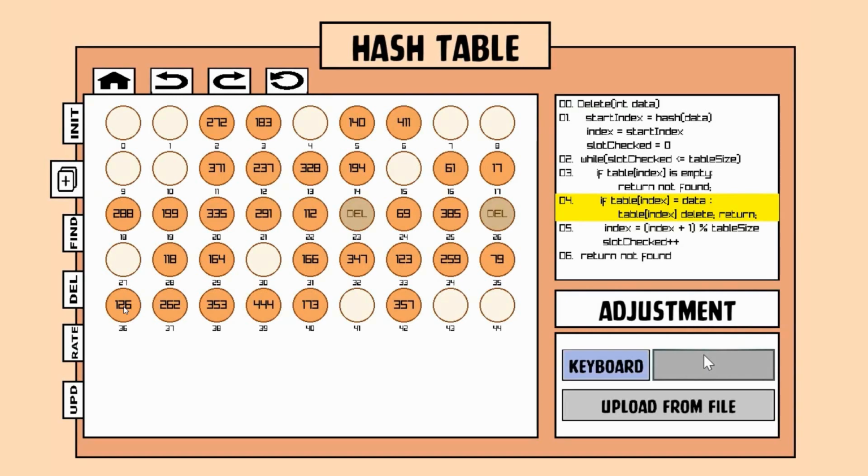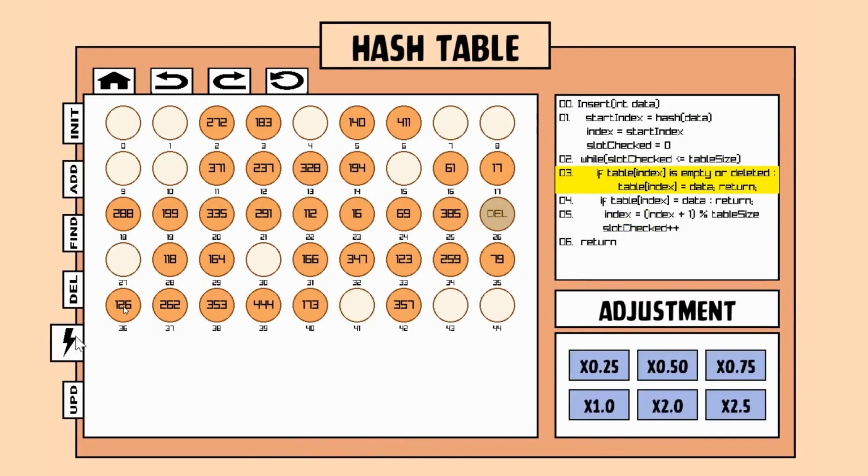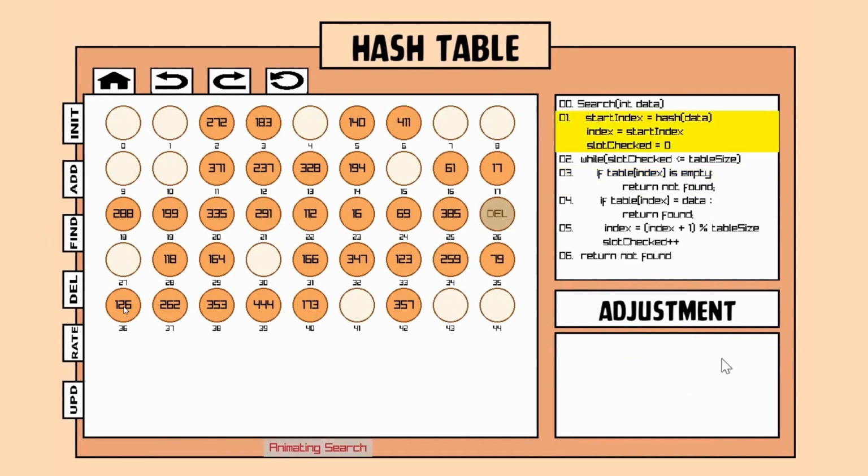Now do the insert operation. For example, I will insert 16 again. And as you can see, the animation is faster. For another example, I will set the speed to x0.75 and search for 16.